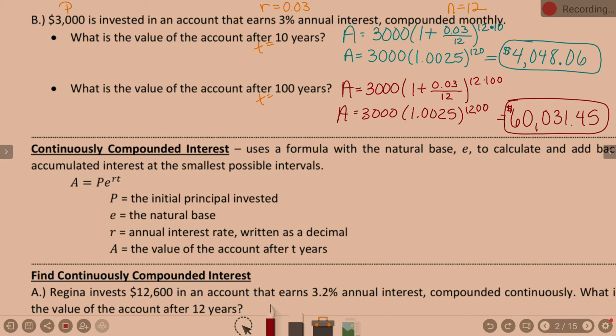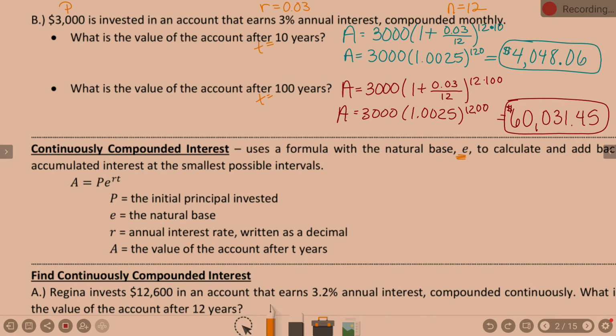But the continuous formula uses, and we're going to talk about today, the natural base e. We're going to talk about the number e to calculate and add back accumulated interest at the smallest possible intervals. So it's going to keep accumulating interest over and over and over.